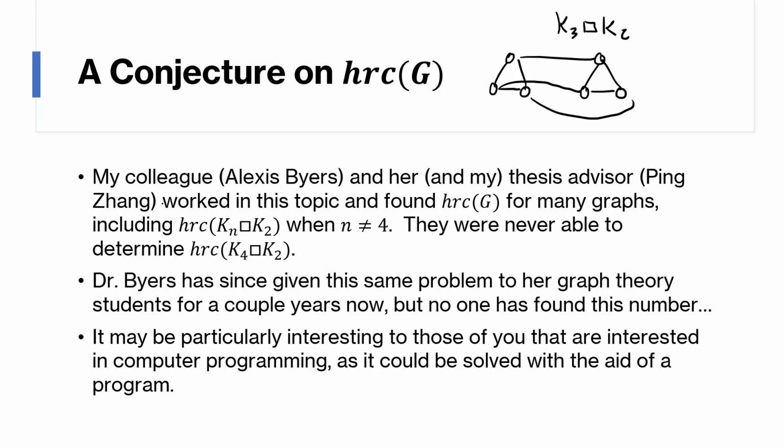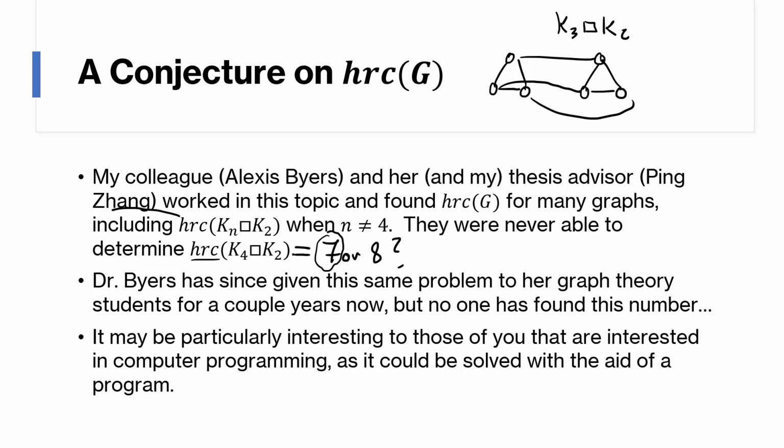By the way, I believe it's conjectured to be either 7 or 8. It's one of these two numbers they know, and so particularly interested in 7 edge colorings of this. So you might write a program to go through all of the possible 7 edge colorings of this graph, and then check them to see if they meet this condition of being Hamiltonian rainbow.